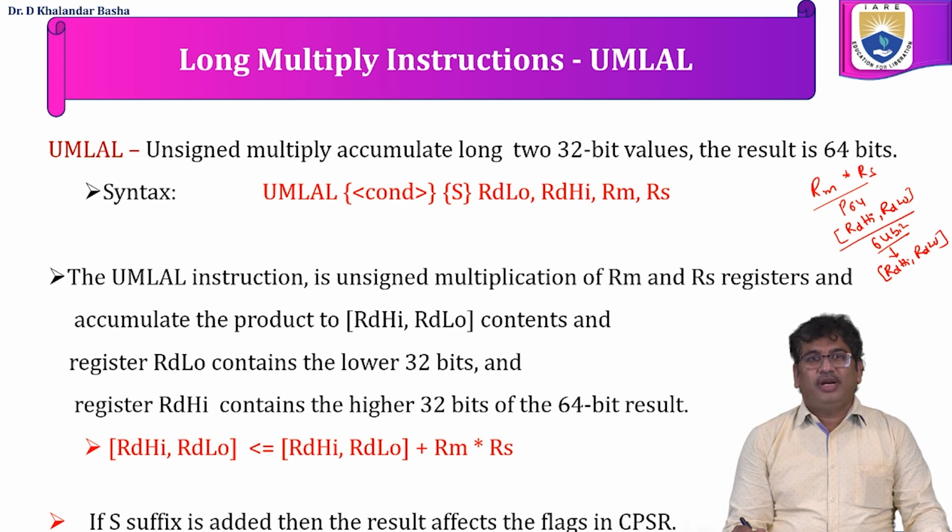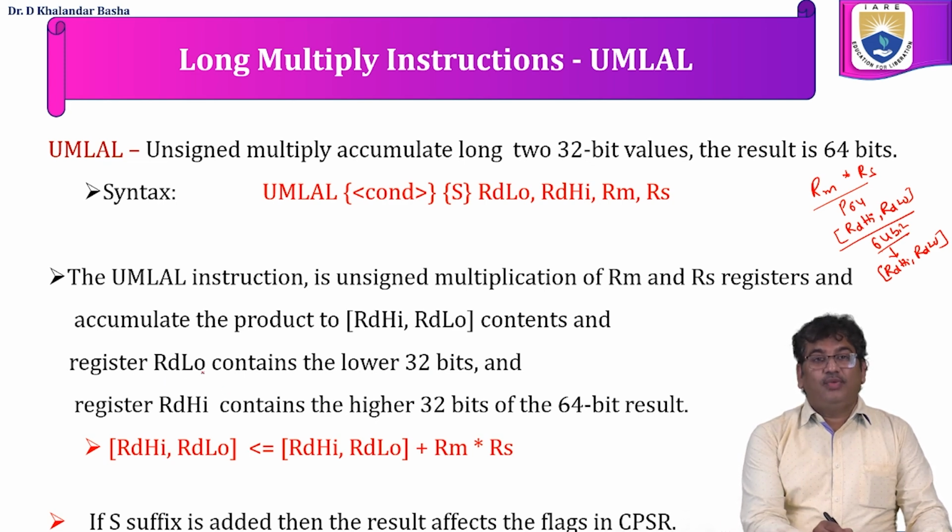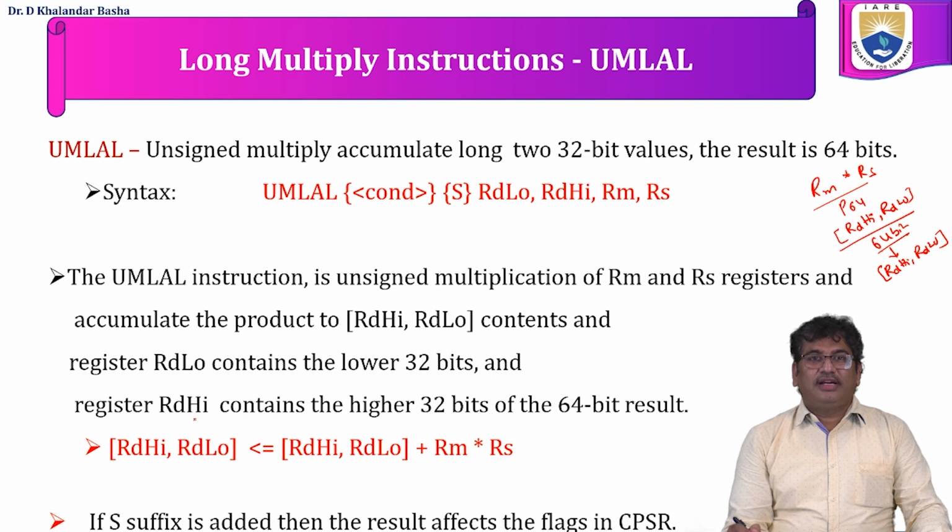Out of 64-bit, the lower 32 bits are placed into RDLO and the upper or higher 32 bits are placed in RDHI. The functionality we can describe as RDHI, RDLO is assigned RDHI, RDLO added with the product of RM into RS. If S is added as suffix, the result will update the flags in the CPSR register.